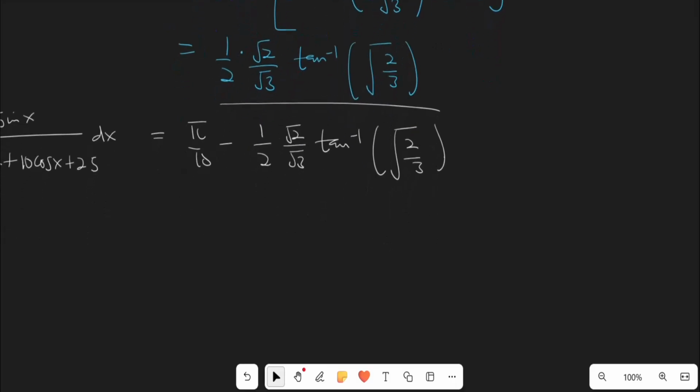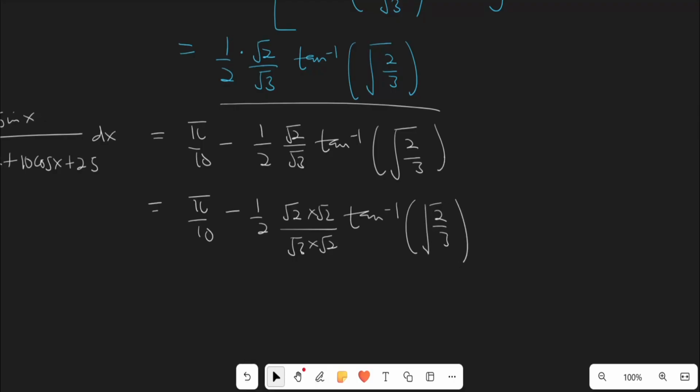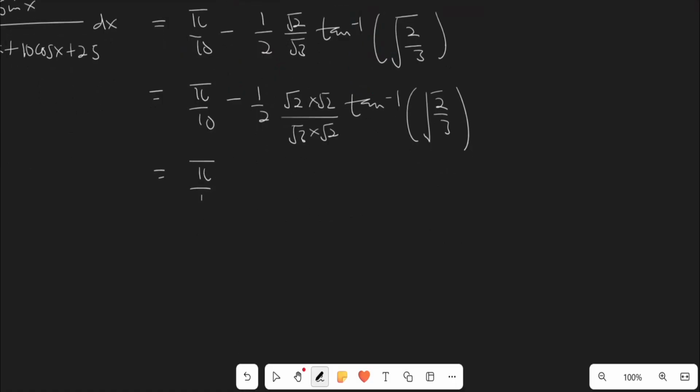So in the end, we can simplify this one, so we can rationalize this. It's going to be pi over 10 minus 1/2 square root of 2 times square root of 2 over square root of 3 times square root of 2, tan inverse of square root of 2 over 3. So that is going to be pi over 10 minus 1 over the square root of 6 tan inverse of the square root of 2 over 3.